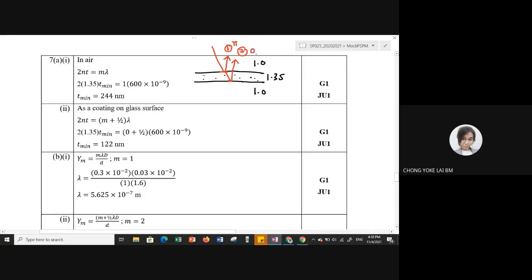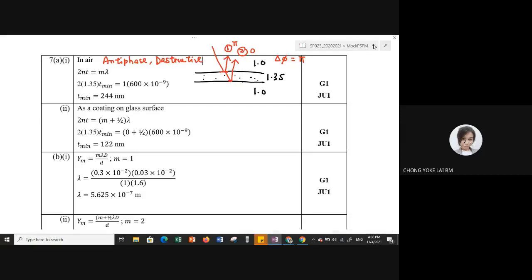So no phase change. So kita tengok kita ada perbezaan sebanyak pi. So this is an anti-phase coherent source. So kita kena pasti these two reflected rays are anti-phase. Then we want to do destructive interference.